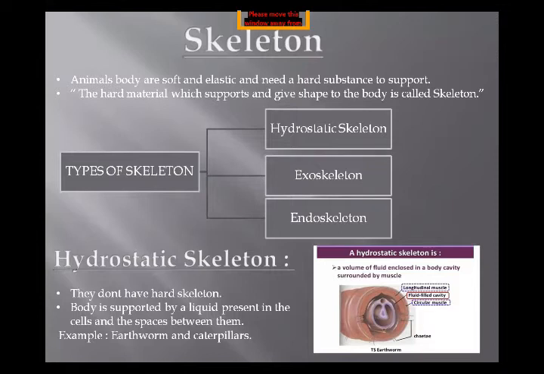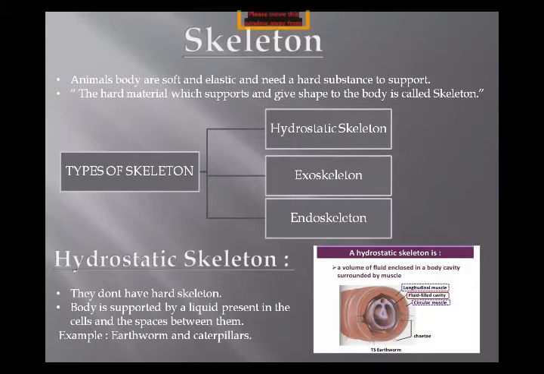In animals, skeletons are of three types: the hydrostatic skeleton, the exoskeleton, and the endoskeleton.